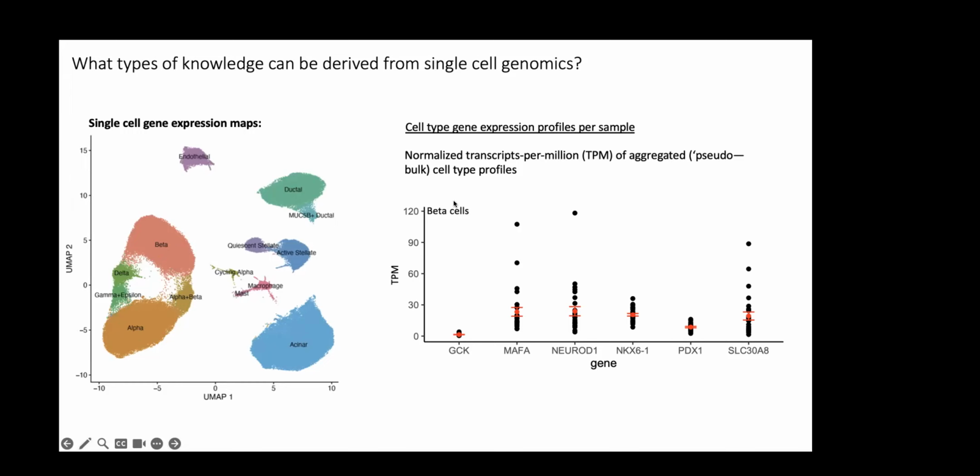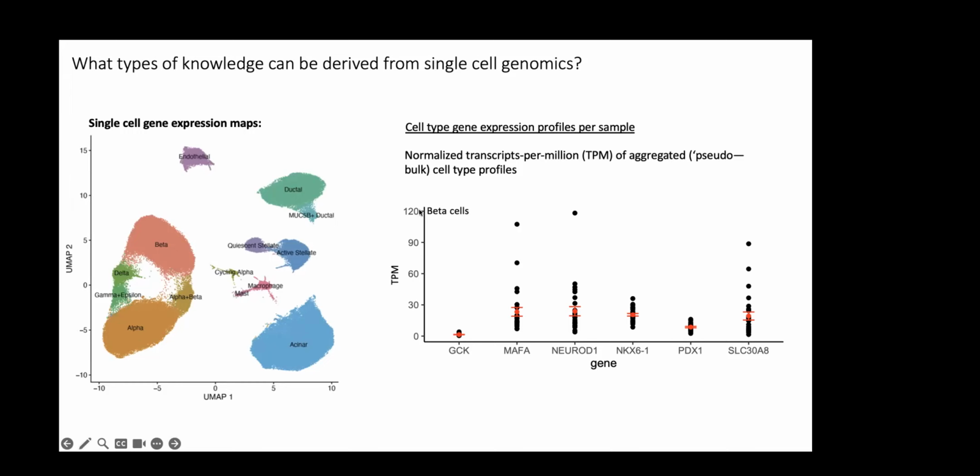You could do that across the entire set of samples that you have, so you get one value across the entire cell type, but more often you're probably interested in understanding the expression of a gene in a cell type within each individual sample in your map. To do this, we create normalized gene expression profiles of aggregating cells within a cell type per sample, so that you have sample-specific gene expression levels for each cell type.